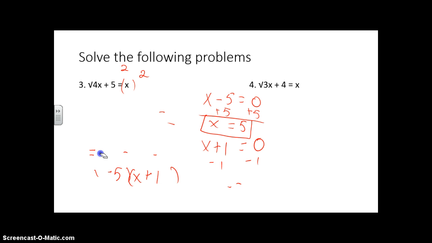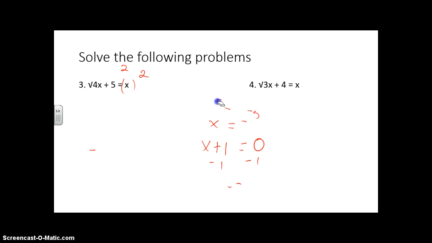After solving for x, we said x equals 5 and x equals negative 1. So I'm going to go back in now and plug in 5 and negative 1 for x to see which one is true.